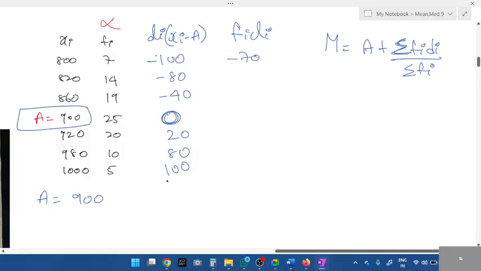Now, FIDI. What is FIDI? Minus 700, 0, 400, 800, 500. Multiply this.